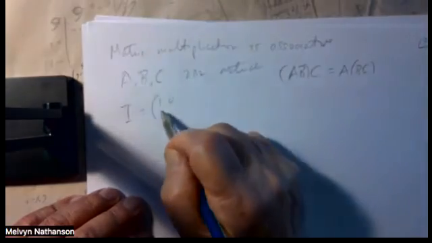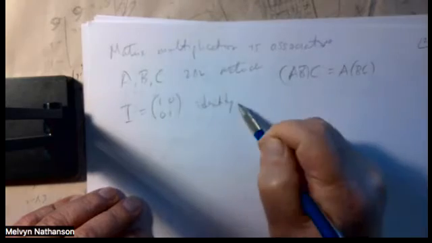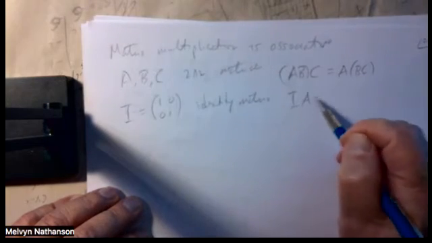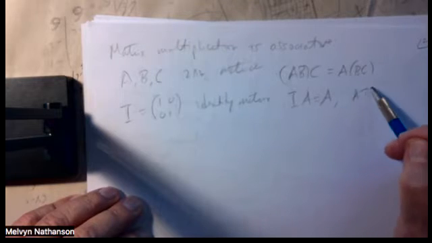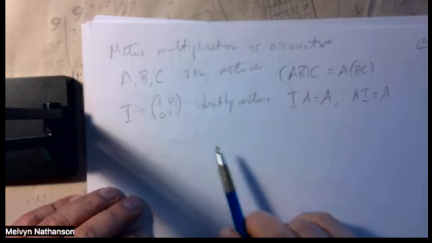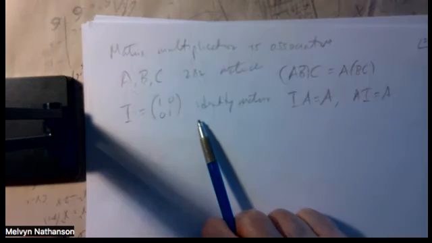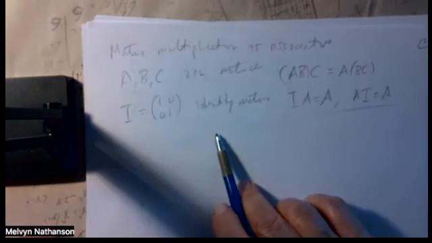We have an identity matrix, I, which is 1, 0, 0, 1. That's the identity matrix. And I times A is A for every matrix A, and A times I is A for every matrix A. That's why it's called the identity. It's just like the number 1 for multiplication, only this is for matrix multiplication.